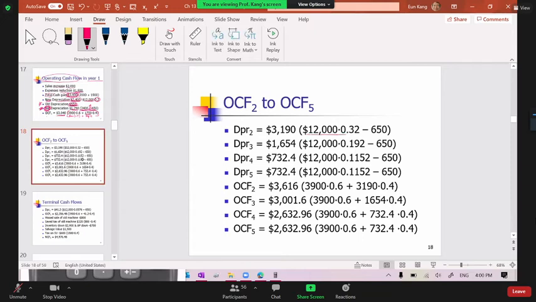This is the new machine's depreciation minus the old machine's depreciation. Okay, so everything is this one, right? This one is explaining the numbers in front, the explanation of how to get those numbers.